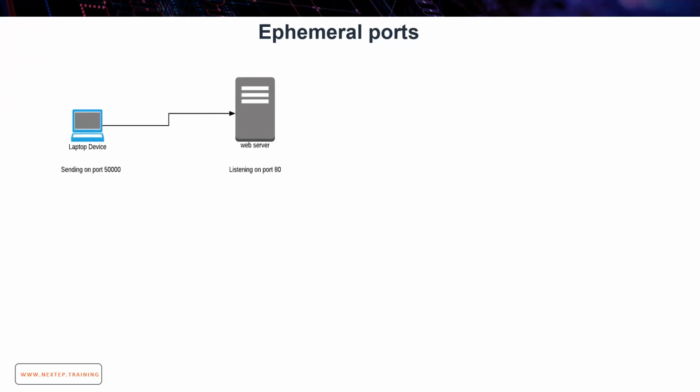And I want you to think and understand here. So this guy is listening on port 80. Then this guy is sending a request to the web server on port 80.